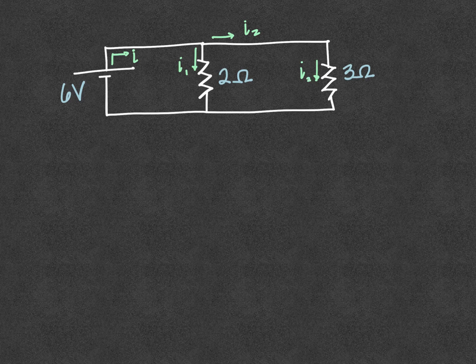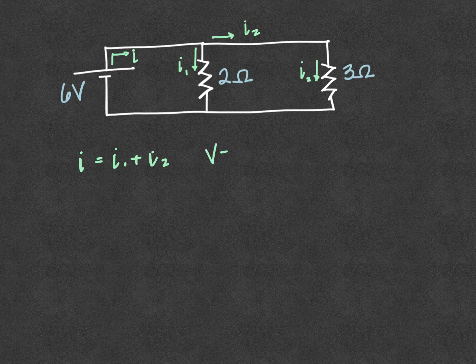Now what I do know is that these two resistors are parallel to each other. In a parallel circuit, the components add differently. Remember, our potential was the same for each one of these resistors, but the current is different. So what we have is that I is equal to I1 plus I2.